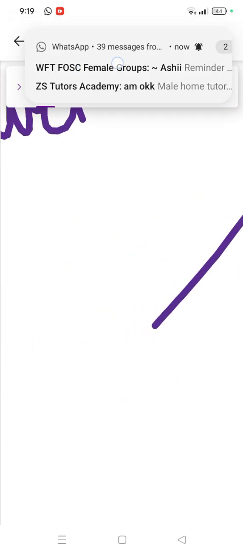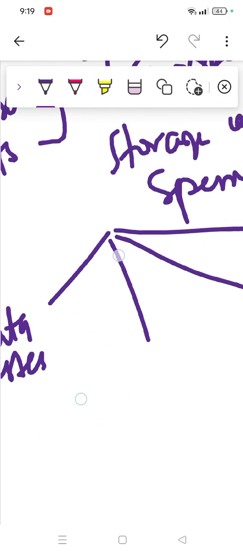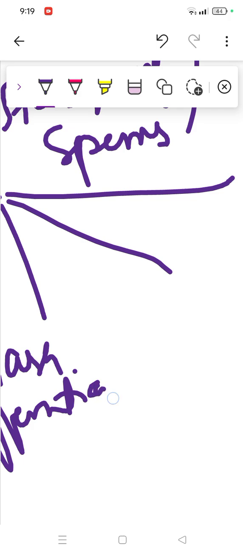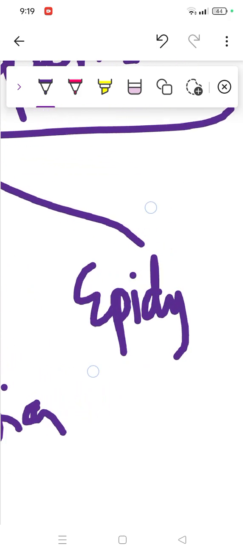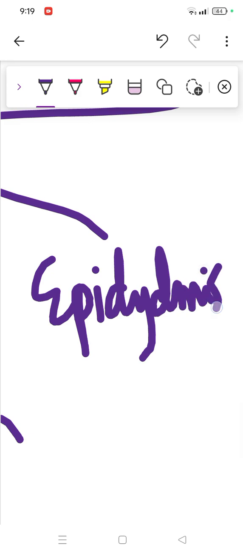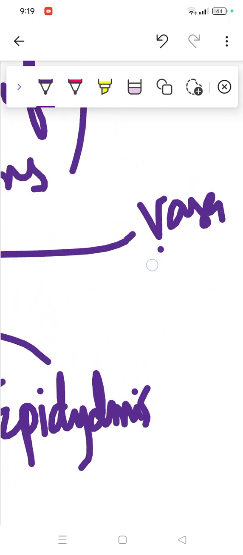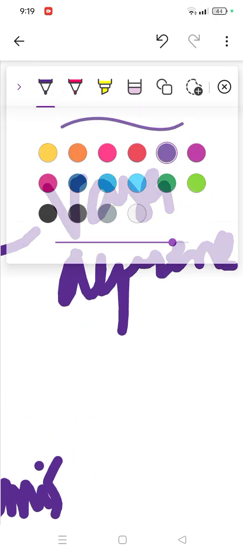The first is the rete testis. The second is the vasa efferentia. The third is the epididymis. And the fourth is the vas deferens. So I'm sure it's clear to you.